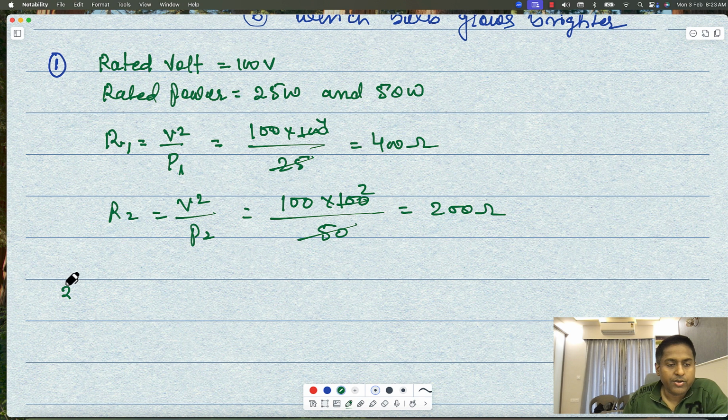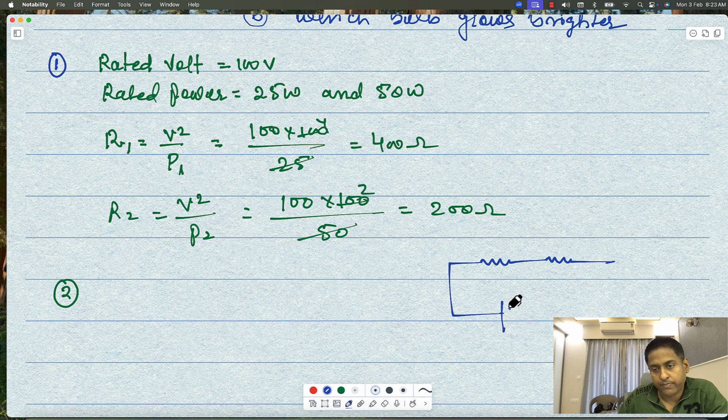The second part of the question is the current passing through each resistor. Since both bulbs are connected in series, and in series the current remains constant, the same amount of current passes through all the resistors because it's a single loop circuit.